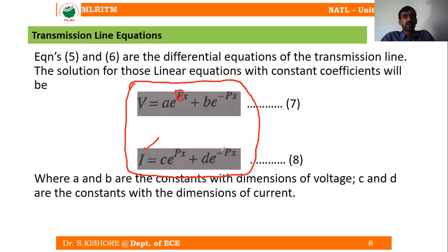So we can express v and I in terms of different hyperbolic functions simply by substituting.